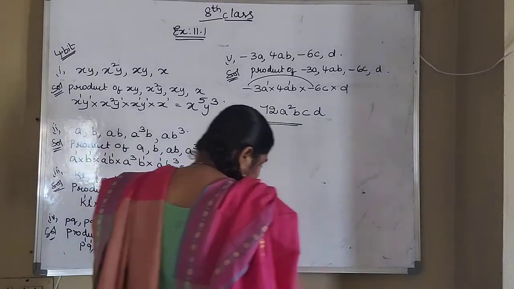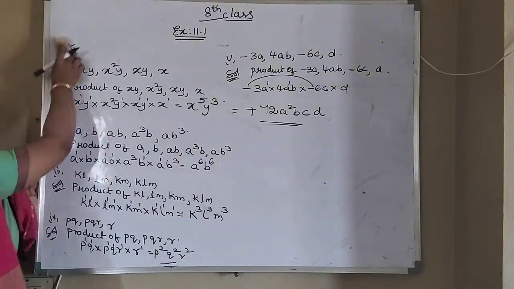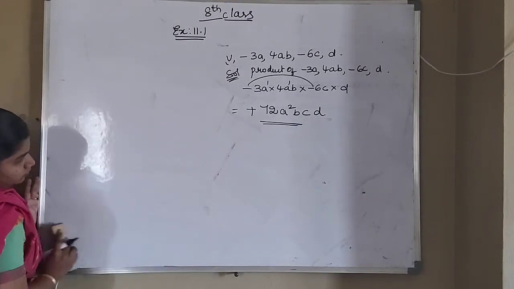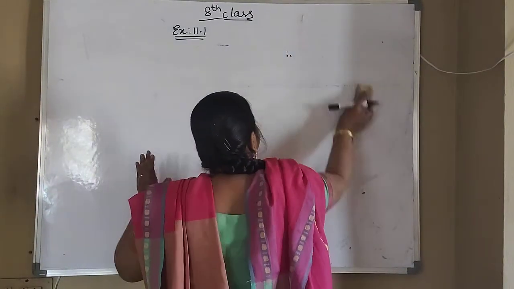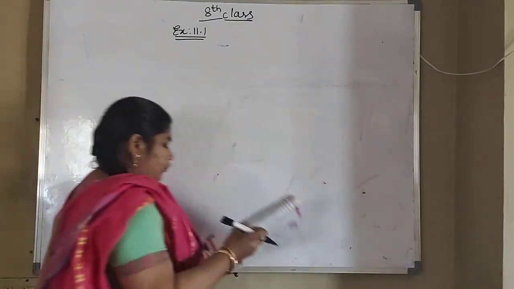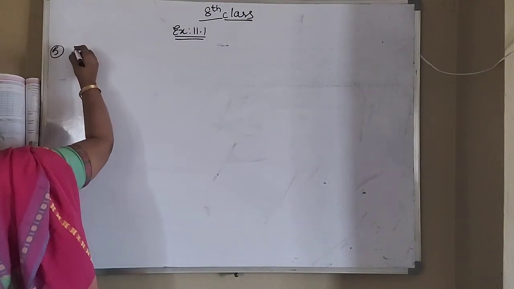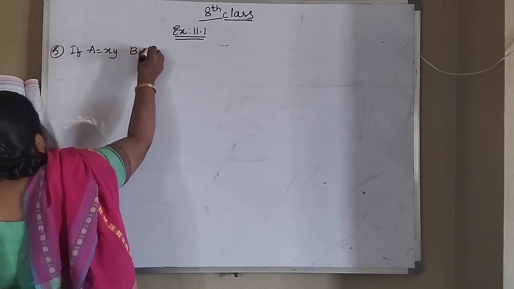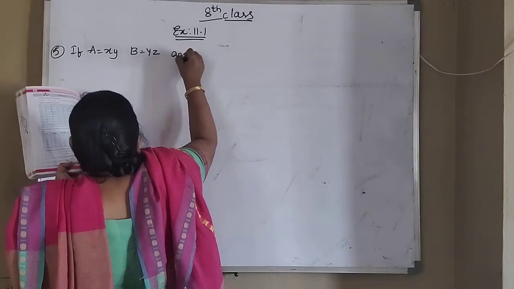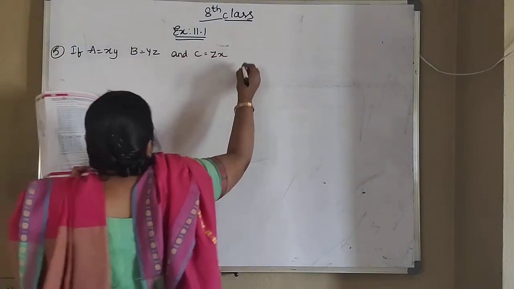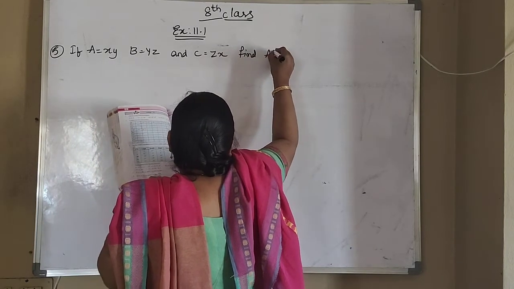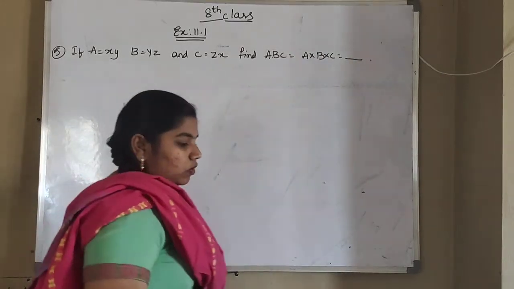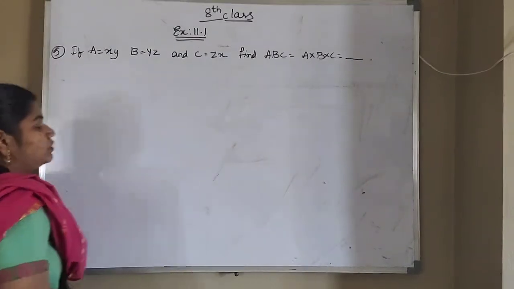Next is the fifth bit. If A is equal to xy, B is equal to yz, and C is equal to zx, find ABC value. ABC is nothing but A into B into C, whose value we have to find.